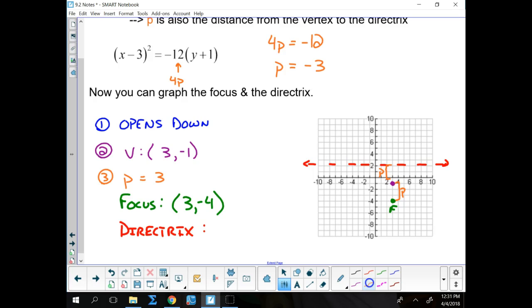What you got? Y equals 2. Okay? Remember, horizontal lines are y equals, vertical lines are x equals. Questions on finding P?